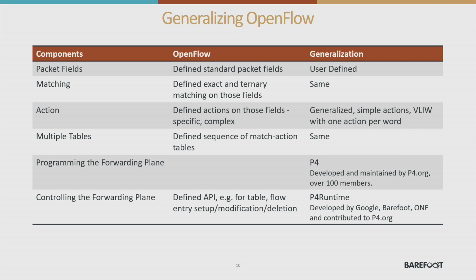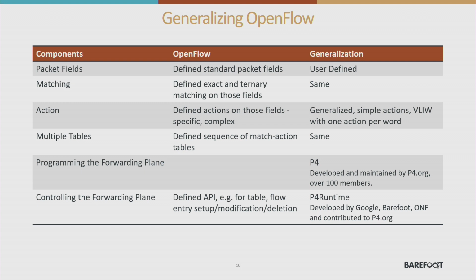Now, OpenFlow defined processing as a sequence of match and action tables. And again, that's perfectly sufficient in general. One step that we did that went beyond OpenFlow is we, together with the other members of p4.org, defined the language P4. You need a language to write the code in that you're going to program the switch with.